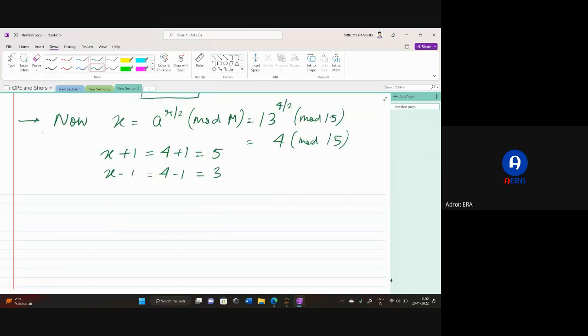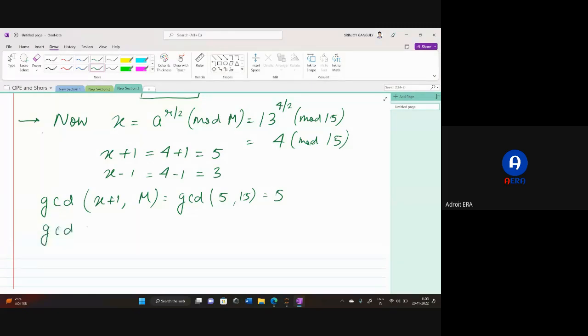Therefore GCD of x plus 1 comma m is equal to GCD of 5 comma 15, which you get to be 5. And then GCD of x minus 1 comma m is equal to GCD of 3 comma 15, which is equal to 3.